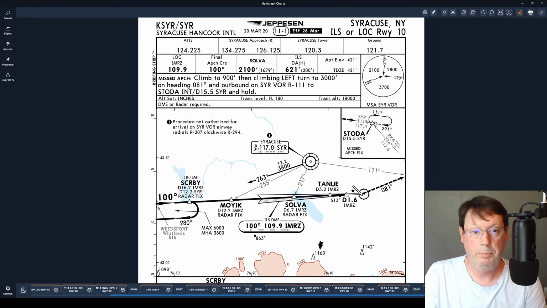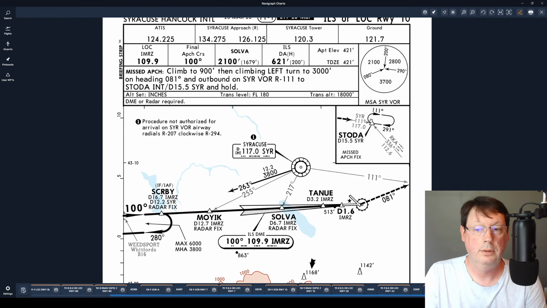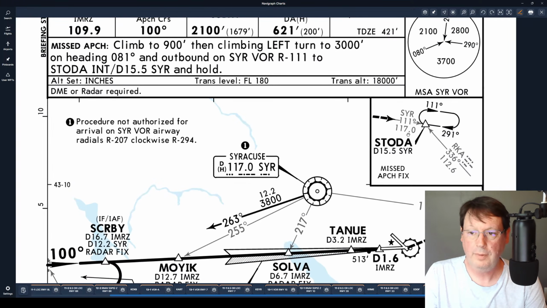And he told me to report established in the hold. Now remember what I told you before, you are established when you're on the thick black line, right? So I went missed. I crossed Stoda. I went outbound -30, which is 80 degrees. I was 15 seconds past Stoda, and the controller came on and said, "I told you to report established in the hold."